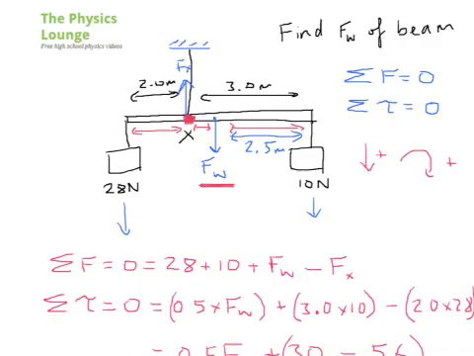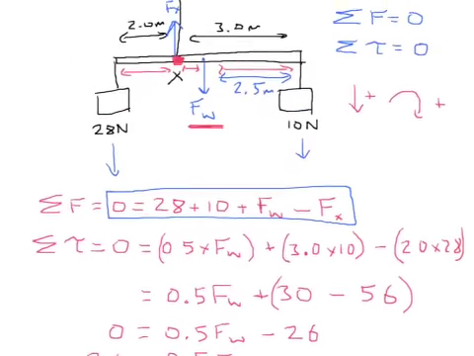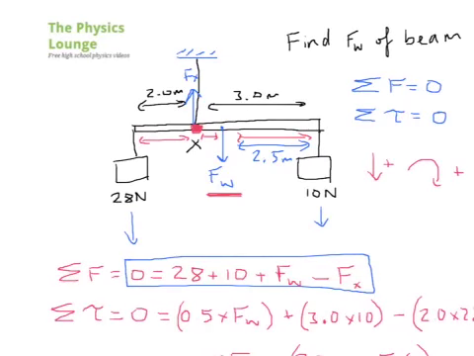Okay, just out of interest, we can find out what the value of Fx is, if that was part of the question. So we would rearrange this equation here, because we now know that Fw is 52. So 28 plus 10 plus 52 should equal Fx.